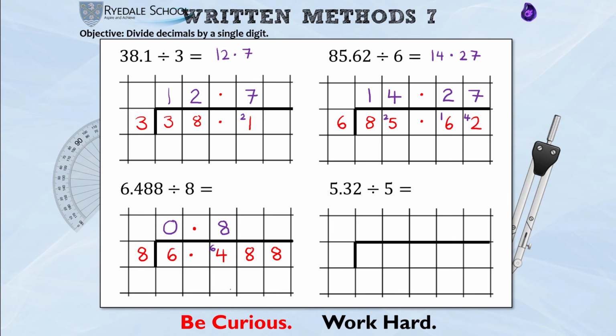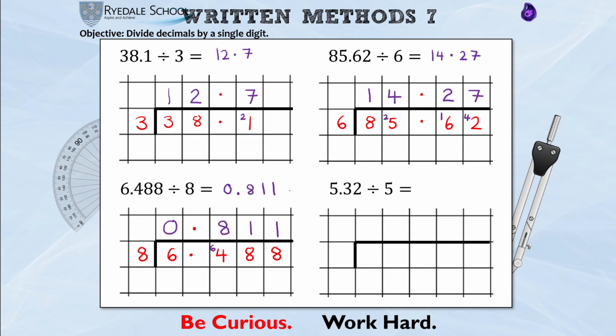So nothing extra to carry on, which makes the end quite easy. 8 into 8 is 1 with nothing to carry, and 8 into 8 is 1. So the answer to 6.488 divided by 8 is 0.811.